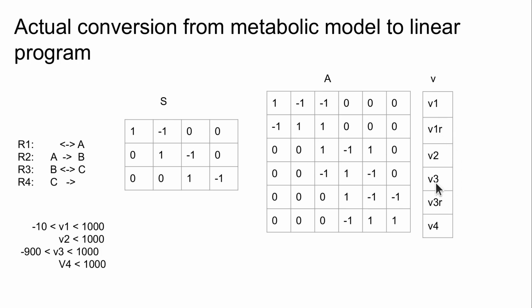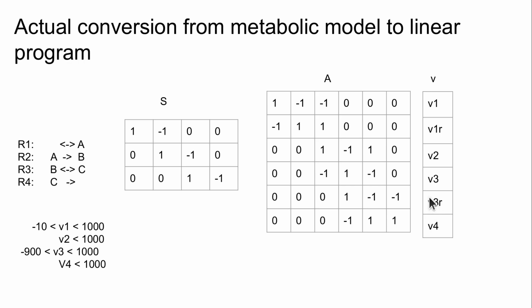Similarly here, we see V3, which would normally be this row here, 0, minus 1, 1. That corresponds to this row here.